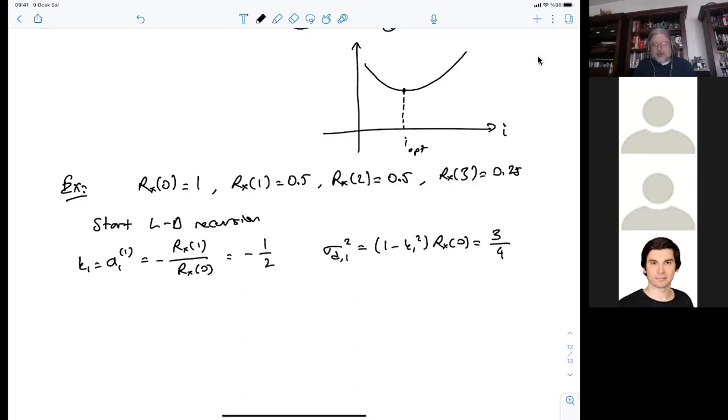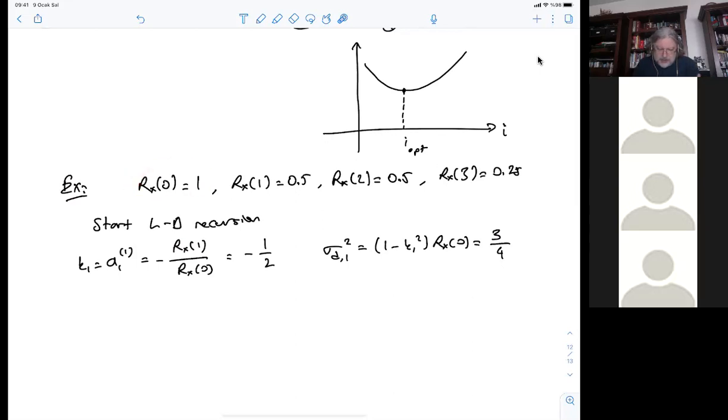So we now know that the only filter coefficient is 1 over 2, and it makes a prediction error of 3 over 4, which is slightly less than 1, but not really a lot less than 1. And that's an interesting observation.